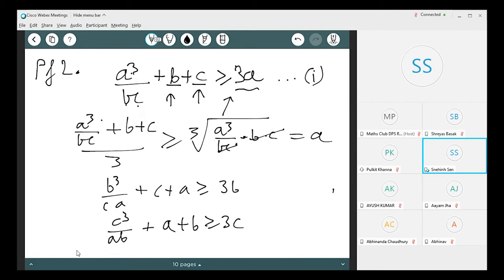Sorry for the problem. We have these three mini inequalities, as I said right now.